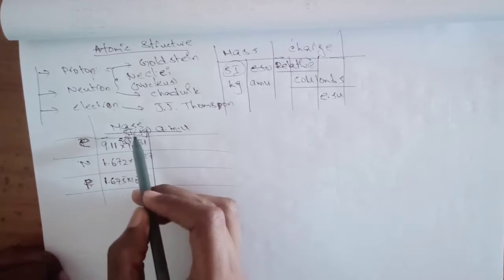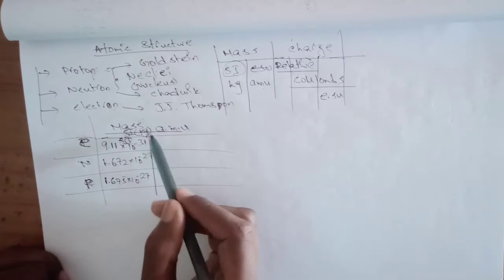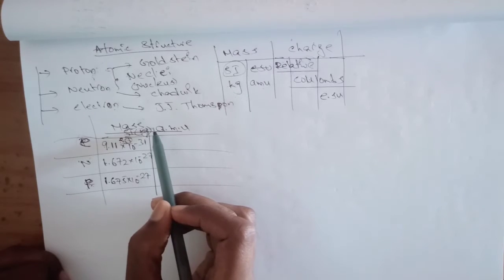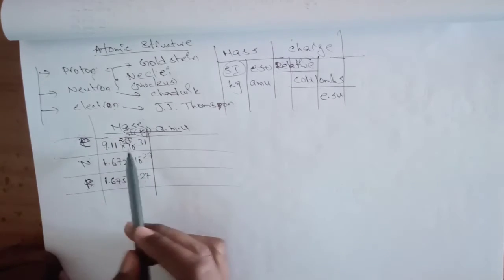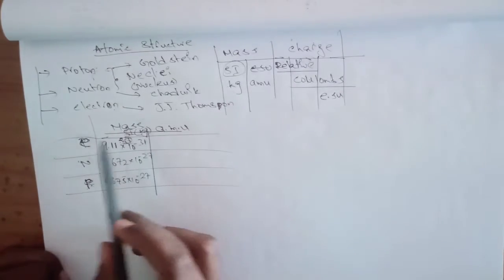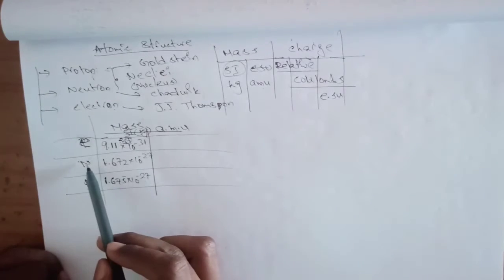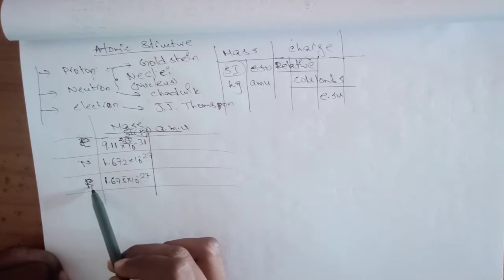If we consider the mass of the electron, neutron and proton in SI units, kilograms, the electron mass is 9.11 into 10 power minus 31 kilograms, which is a very small mass, and most of the mass exists in the neutrons and protons.